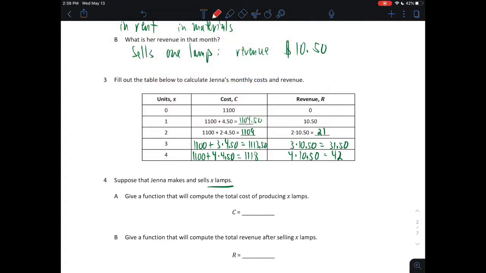The 1100 stayed the same, the 450 stayed the same. But when we had x equal to 2, that was the number that was multiplied by 450. When x was equal to 3, that was the number that was multiplied by 450. When x is equal to 4, that was the number that was multiplied by 450. So x is the thing that is being multiplied by 450.